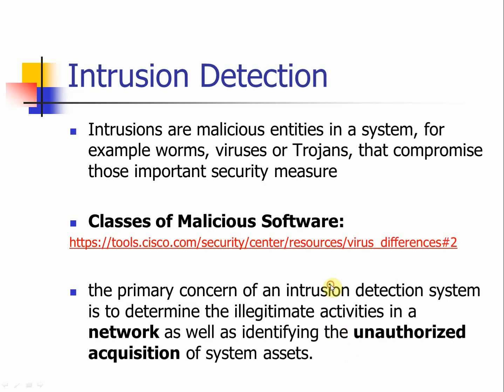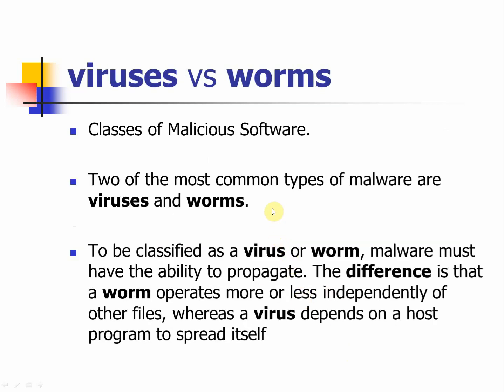So let's take a look at the difference between viruses and worms. How are we able to distinguish one from the other? To classify as a virus or worm, malware must have the ability to propagate. So that is something we try to identify first. If they can spread, if they can go from one machine to another machine, they can be considered a virus or worm.